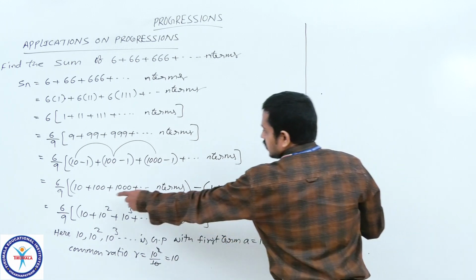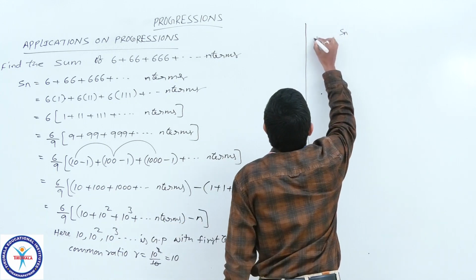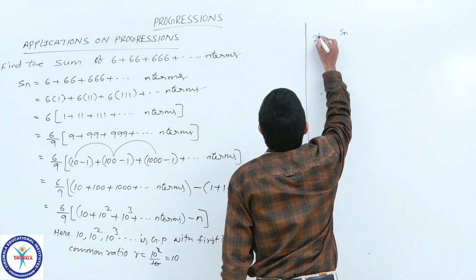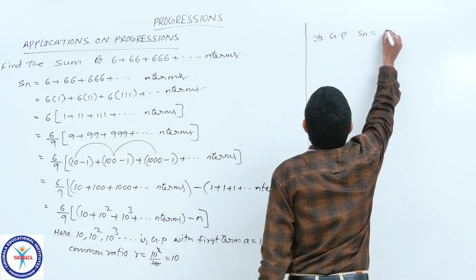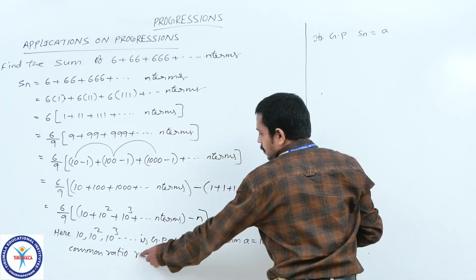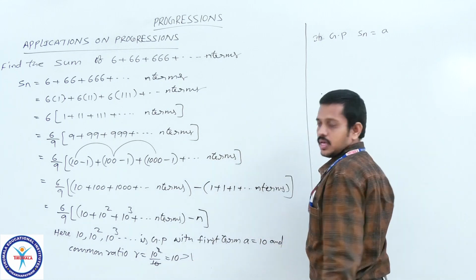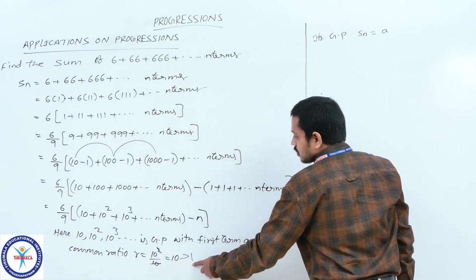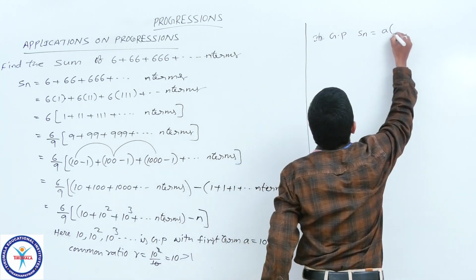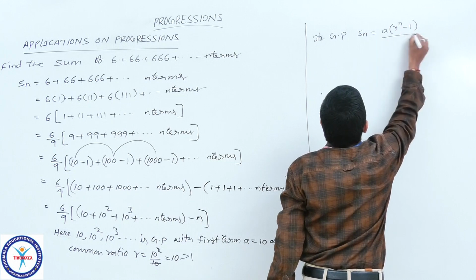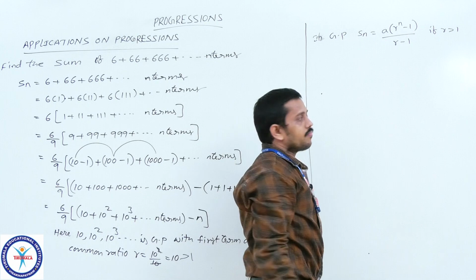In GP, if the common ratio R is greater than 1, then Sn is equal to A into R power n minus 1 by R minus 1.